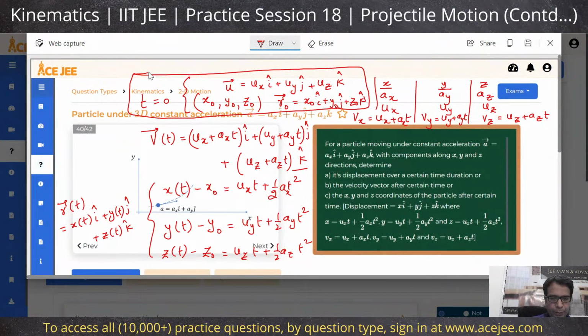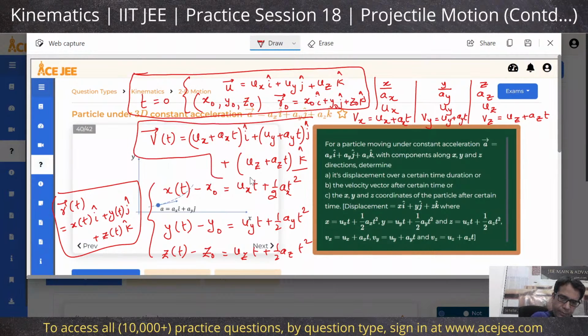And we are writing the position vector at time t, and we have the velocity vector at time t. Clear, beta? Yes, sir. This is what we were trying to get.